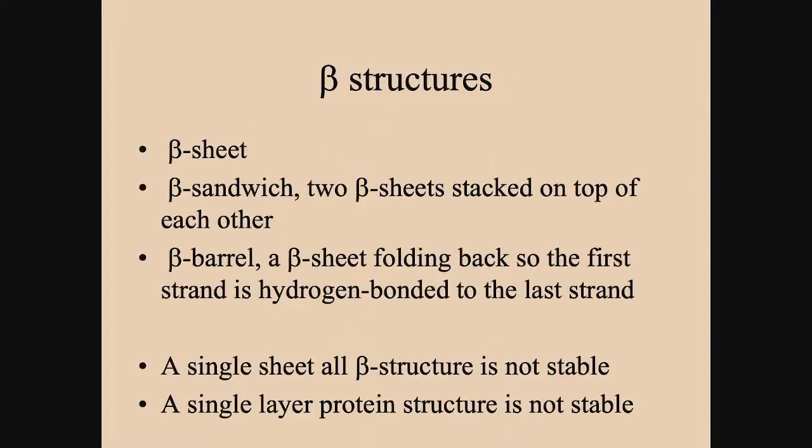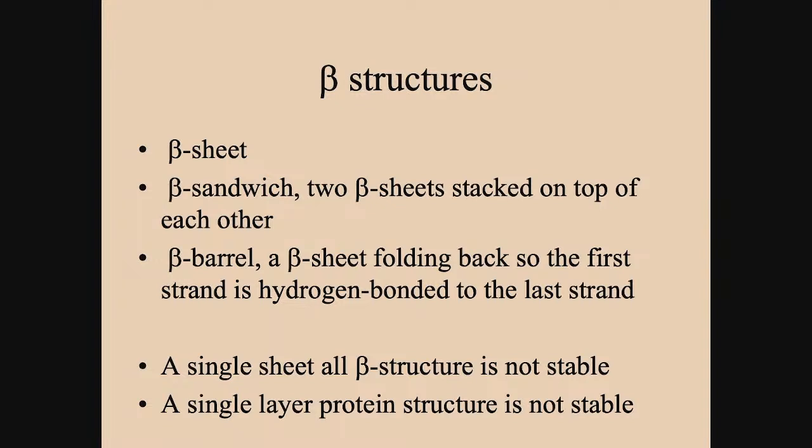Okay, so beta structures, a single beta strand, I showed you already, but that's not going to be happy because all the hydrogen bonding, they don't have hydrogen bonding partners. In the helix, you wind around, the hydrogen bonds are made within the helix, right? So that's happy.